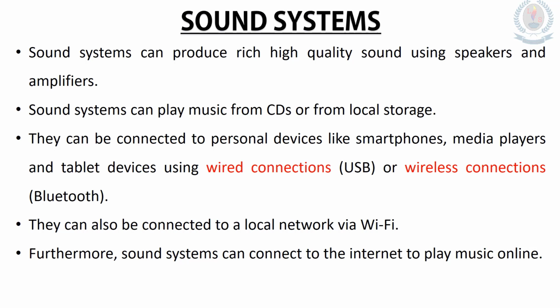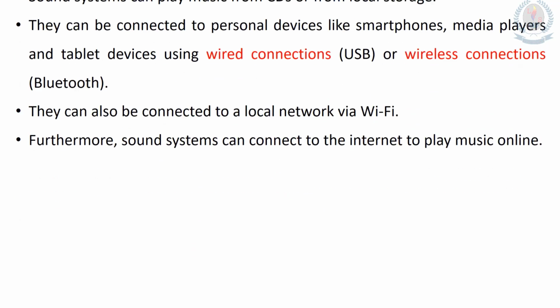They can usually be connected to personal devices like smartphones, media players, and tablets using wired connections like USB or wireless connections like Bluetooth. They can also be connected to a local network via Wi-Fi. Or else, some sound systems can also connected to the internet to play music stored online.